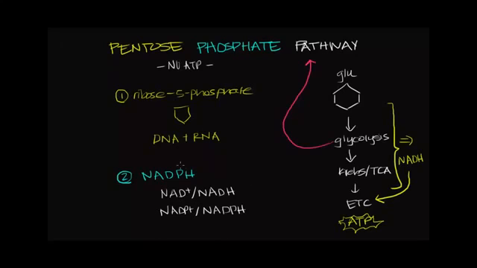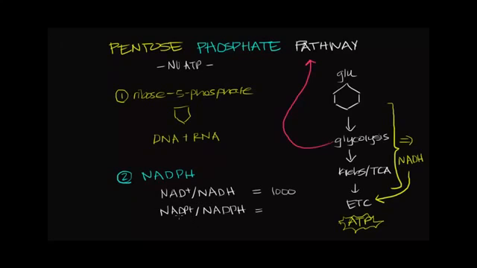But what's different about these two pairs of molecules is the relative amount of the reduced form and the oxidized form inside the cell. Just to give you a sense of that, the ratio of NAD plus to NADH is about 1,000. In other words, if you took the amount of NAD plus and divided it by the amount of NADH in the body, you would have about 1,000 times more NAD plus.